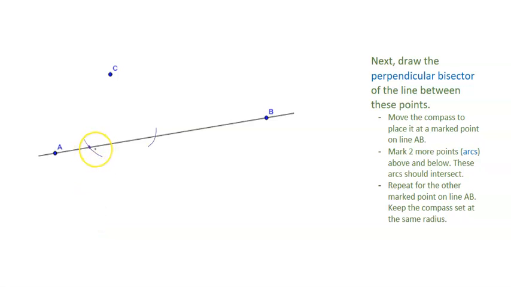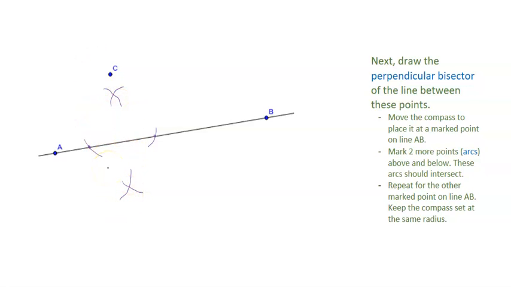You set the compass slightly wider, and then you make two arcs, above and below the line. I swing it here, and I keep swinging here. Move the pivot point, and I swing it here, and it swings around here. So there's that semicircle and that semicircle.